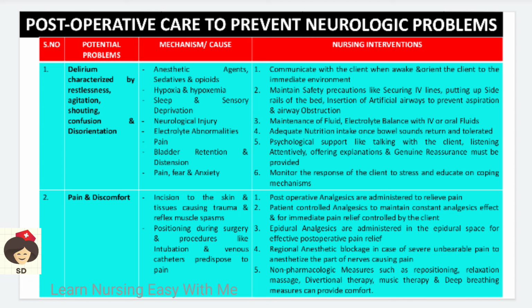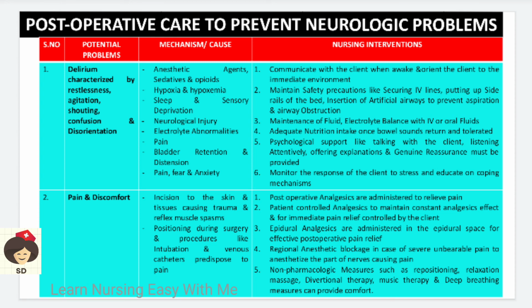We also have to do safety things, like securing the IV lines, putting up side rails, and inserting artificial airways so that closing of the airway is prevented. Fluid electrolyte balance has to be corrected, adequate nutrition should be provided once tolerated, and bladder and bowel function has to be maintained properly. Psychological support, talking, listening, offering explanation, and genuine reassurance should be provided so that it will relieve the anxiety.